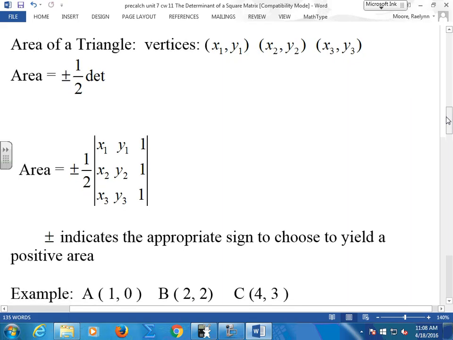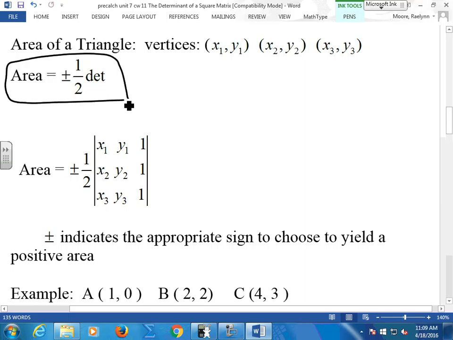Good. Now, one of the things we use your matrix for, and we just talked about, you'd have to use your distance formula. So if I gave you 3 vertices, you'd have to plot them, use your distance formula, and make a perpendicular line to the base if you didn't have one, and find the distance for that. But we have a nice little formula using your determinant to find the area of a triangle given 3 vertices, coordinates.